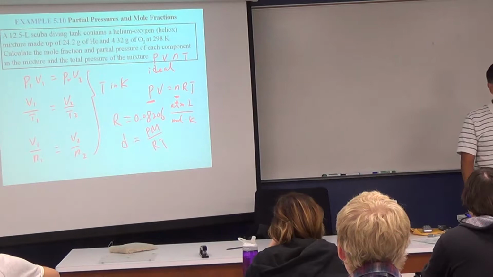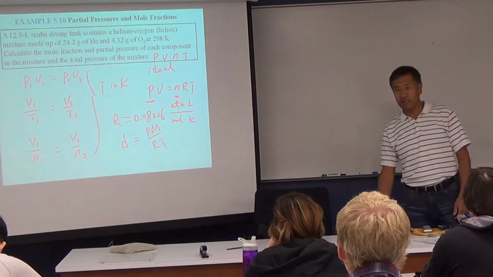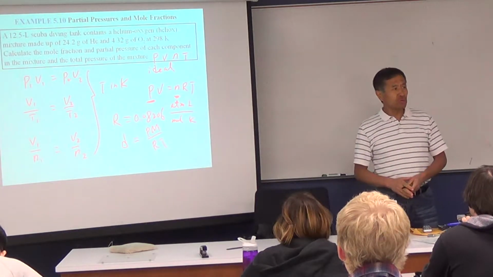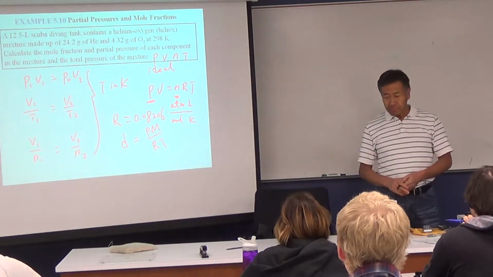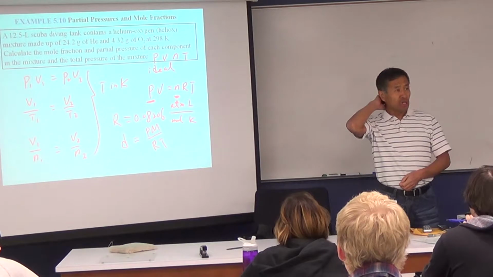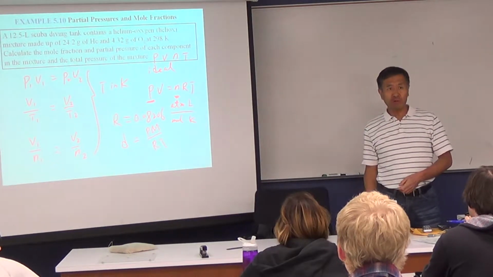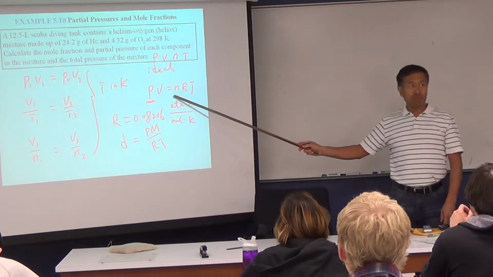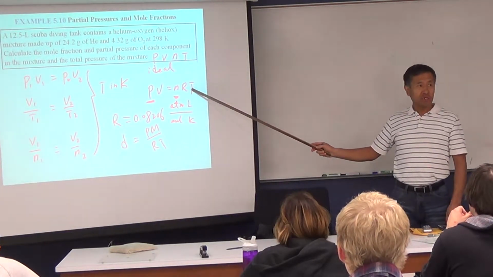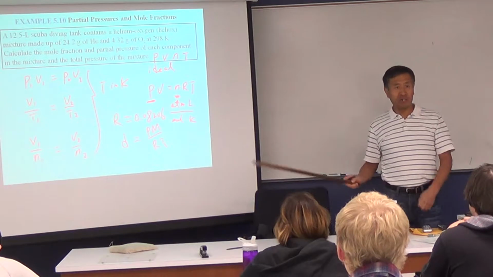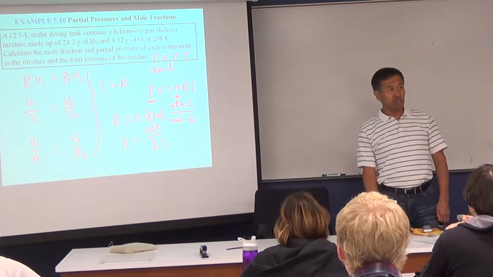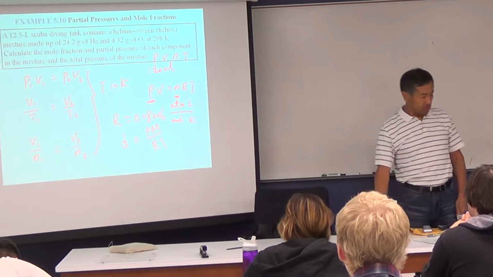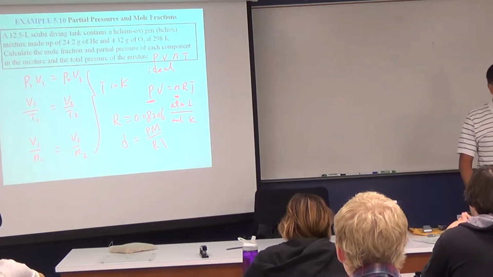Obviously, if you know the moles of air in this room, the moles of N2, and you measure the volume of this whole room, the temperature, and the pressure, then you can calculate the number of moles N, and vice versa.